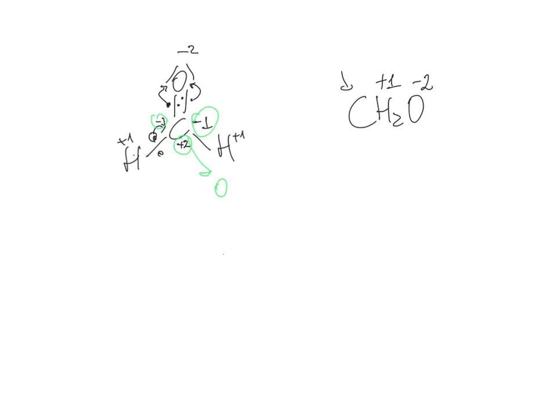So carbon should be a number that makes the sum of all oxidation numbers 0, because in the molecule the sum of all oxidation numbers must be 0. So +1 multiplied by 2 is +2, and -2, so the sum should be 0. So it means that carbon should also be 0.